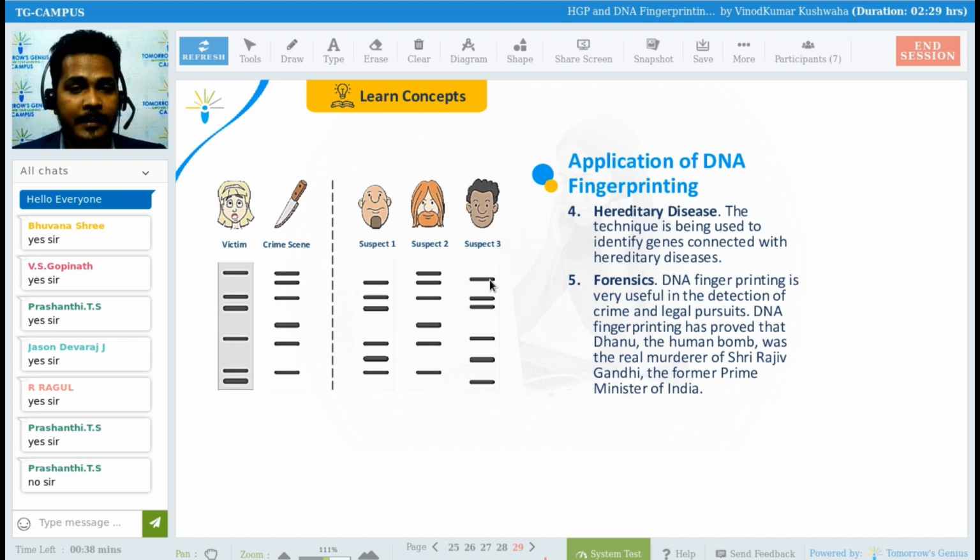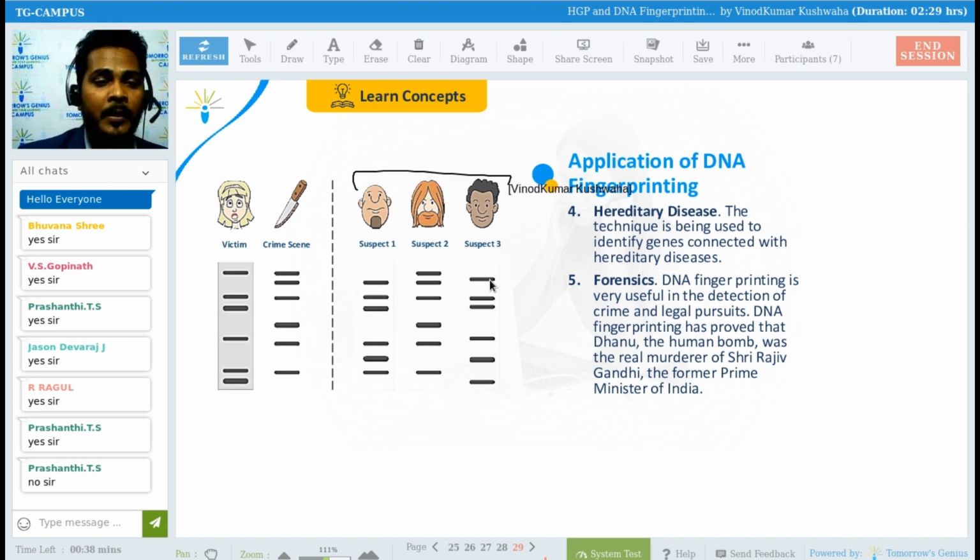Even in forensic science, like here in this case, you see this is a very beautiful diagram. Now here, forensic science. DNA fingerprinting is very useful in the detection of crime and legal pursuits. Suppose this is a victim, and there is a crime scene.